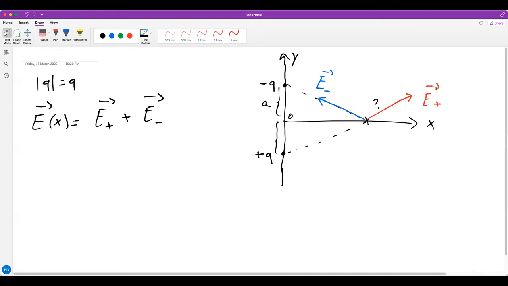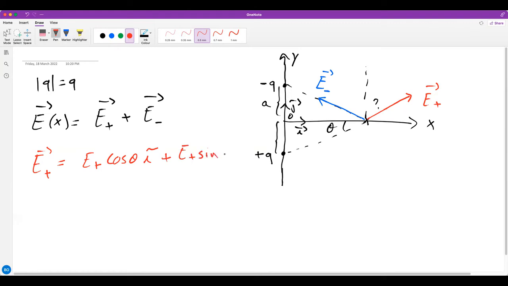Now you can see that I can start with E plus. E plus will be equal to magnitude E plus cosine of an angle, that is this angle, I will take it as theta, and so it will be cosine theta i, where i is the unit vector along x, and j the unit vector along y, plus E plus sine theta j.